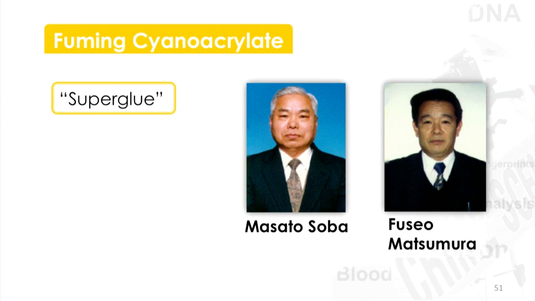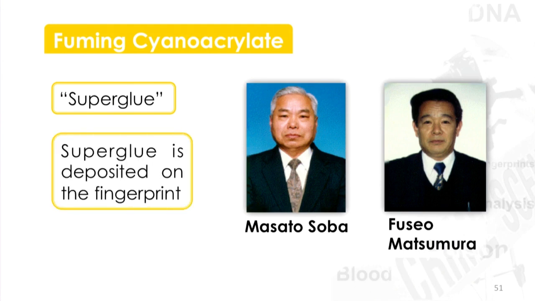Something in the fingerprint, possibly the amino groups of the amino acids, is inducing polymerization of the cyanoacrylate molecules in the superglue vapor. But what is happening is that the superglue is depositing on the fingerprint, making it visible. So nowadays, it's not done by accident.